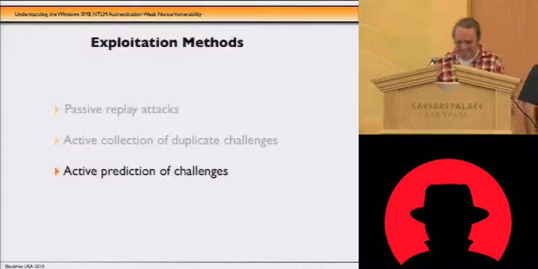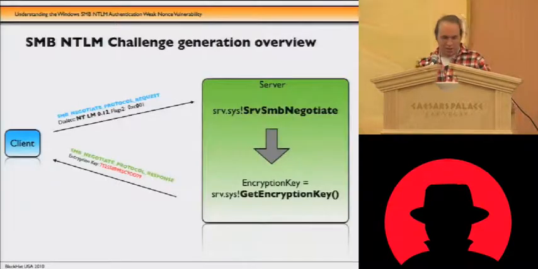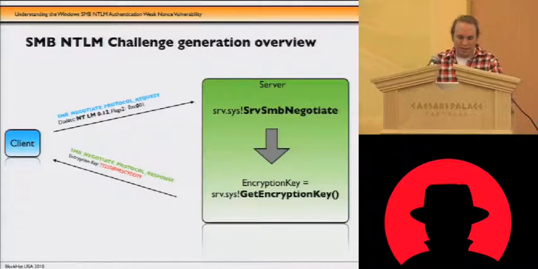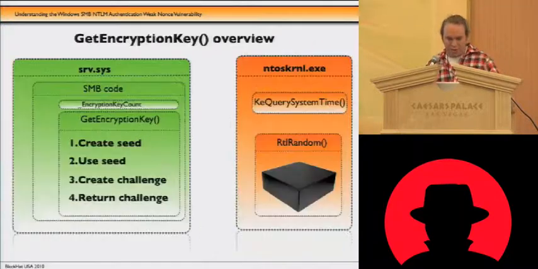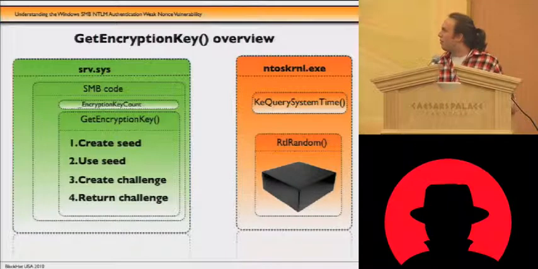Hi again. Once a server receives an authentication request, it will call the GetEncryptionKey function to generate a challenge, or an encryption key as it is described in the protocols. So I will explain the GetEncryptionKey function. It is inside the srv.sys module.